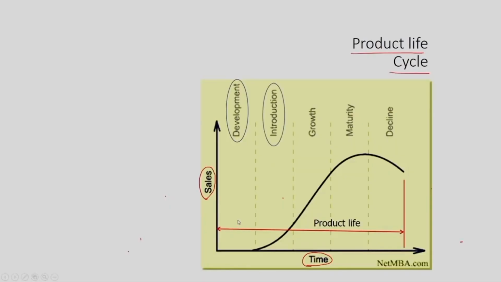After the development, the product will be launched into the market, and a lot of promotion offers will be given to the customers, advertisement will be done, and slowly the sale of the product will start. So, in the introduction phase, there is less sale at the start and slowly the sales grow.